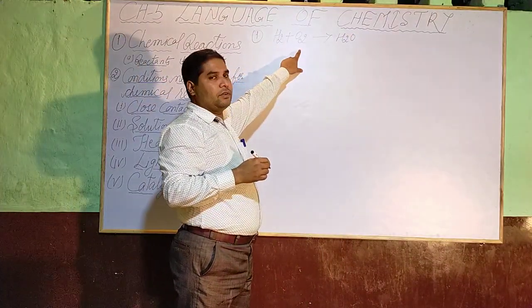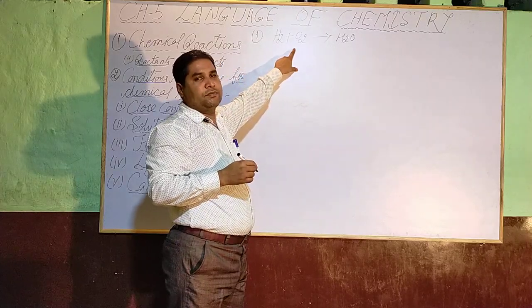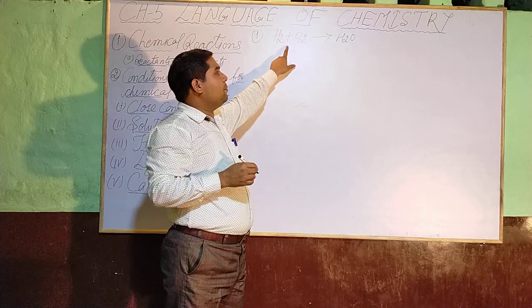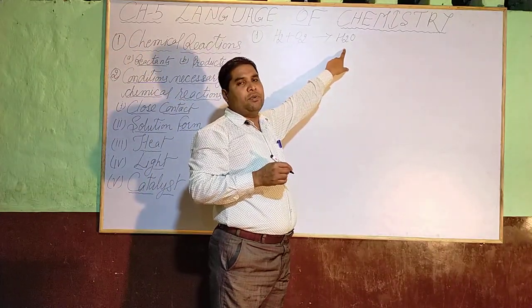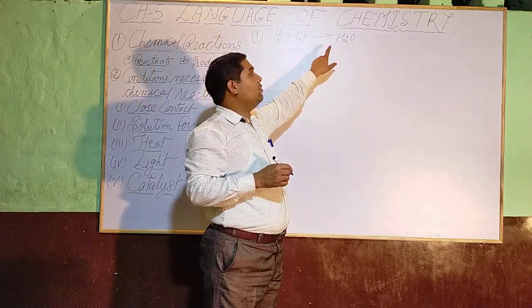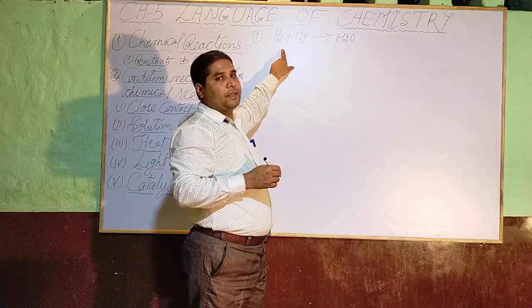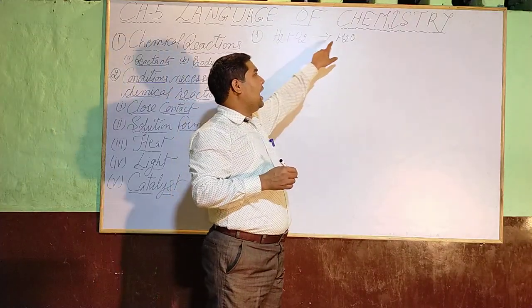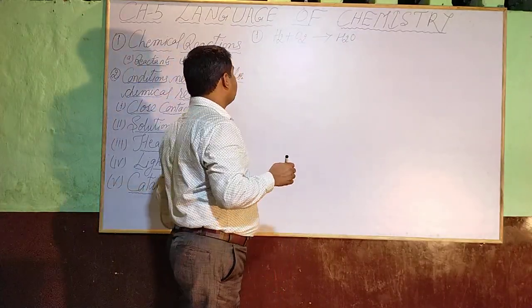Hydrogen and oxygen both are in gaseous form before they react, but after the reaction a new product, water, is formed, which is in liquid form. So hydrogen and oxygen react with each other, and a new product is formed known as water.